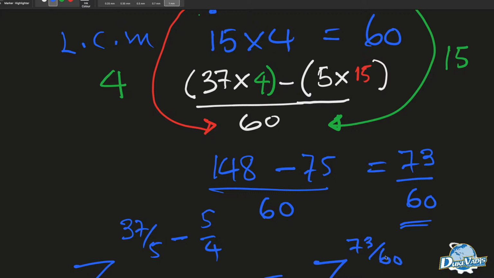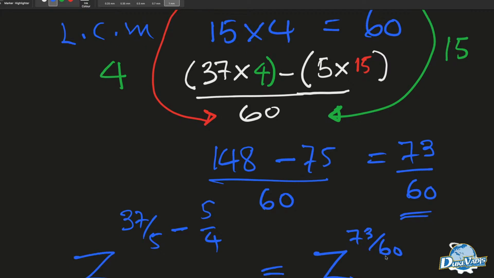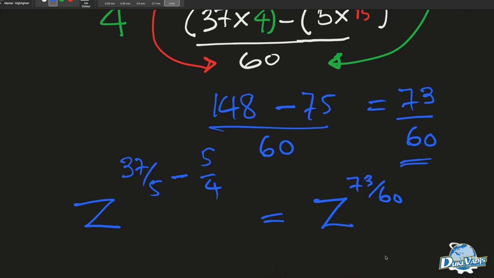So that's the final answer. That is what we get eventually: z raised to the power 73 over 60.